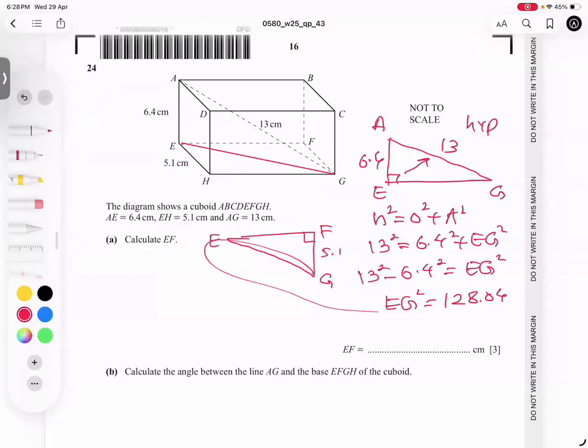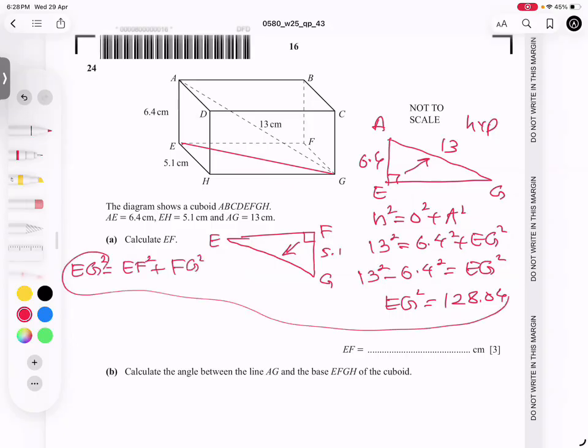And the EG gap I just got from here. I'm using Pythagoras theorem again, in front of the hypotenuse square. I'm writing here EG square is equal to EF square plus FG square.